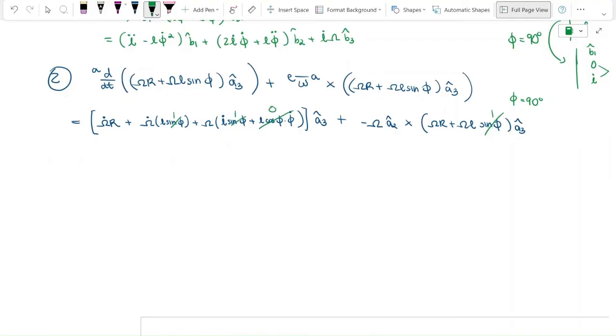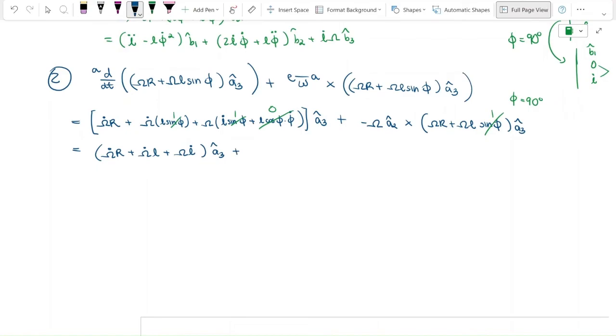This becomes 1. So this is equal to omega dot r plus omega dot L plus omega L dot A3 hat.